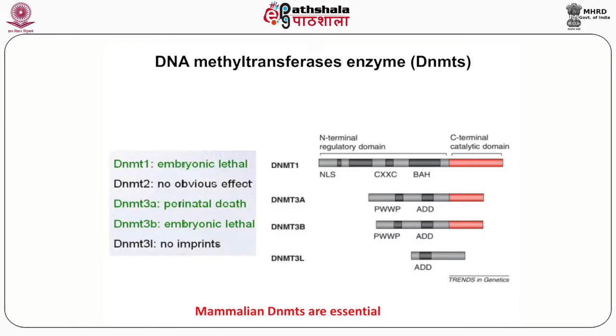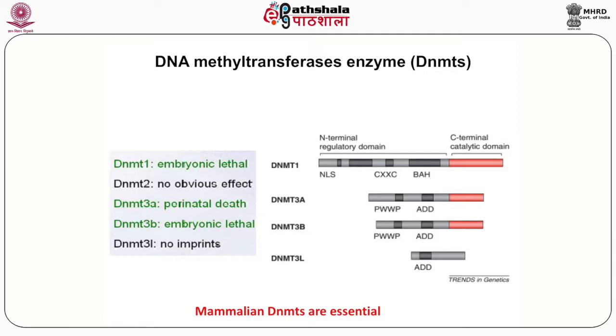DNA methylation is regulated by a family of DNA methyltransferase enzymes called DNMTs. The DNMT enzymes are DNMT1, DNMT2, DNMT3A, DNMT3B and DNMT3L. The structure of DNMTs is shown in the figure.